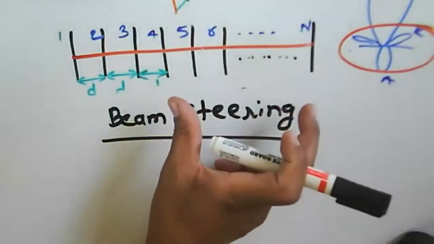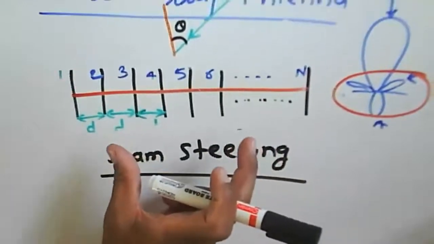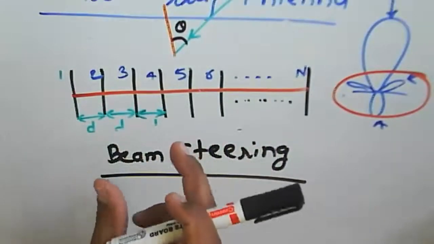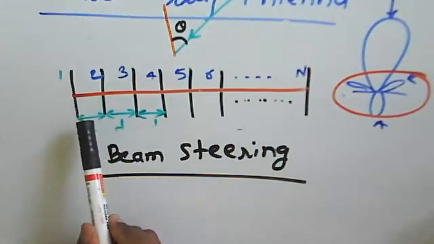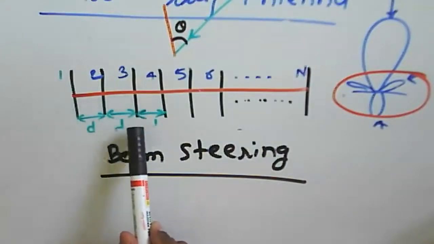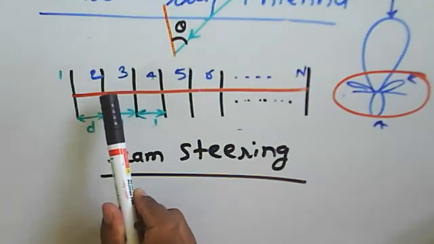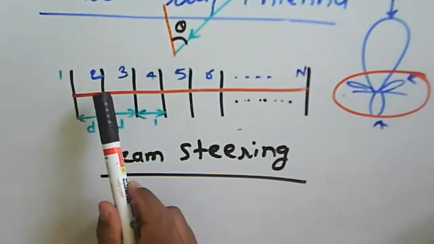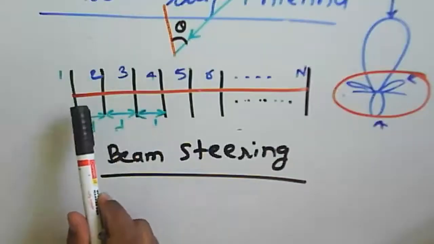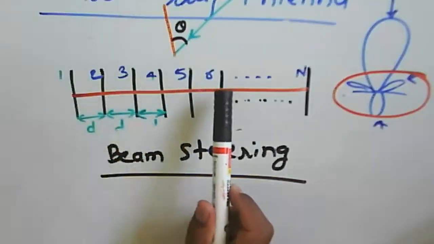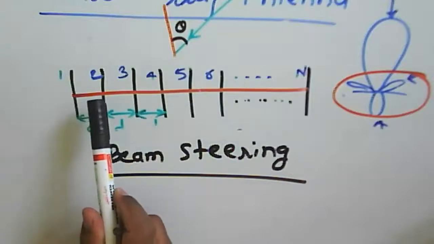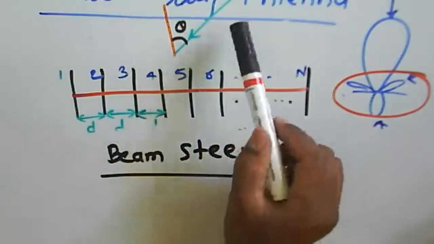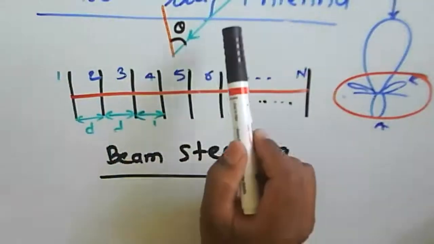So how is it possible? When we consider exciting the element with a varying phase, that means if we vary the phase of every element, the direction of the signal will change.